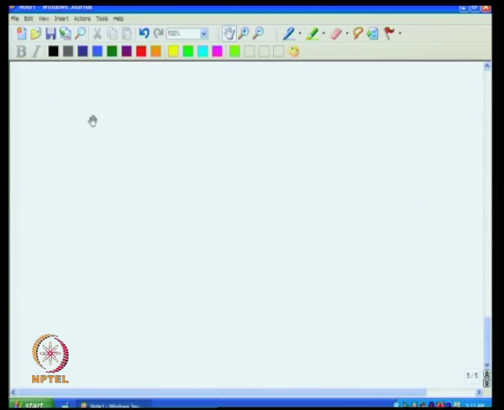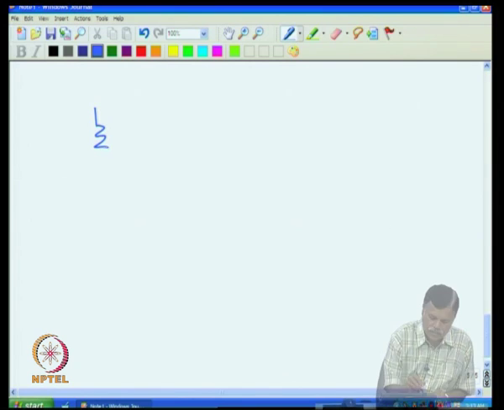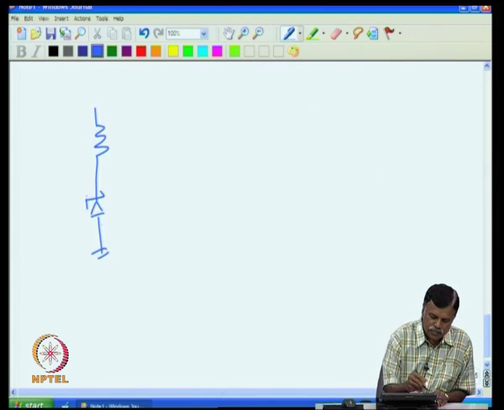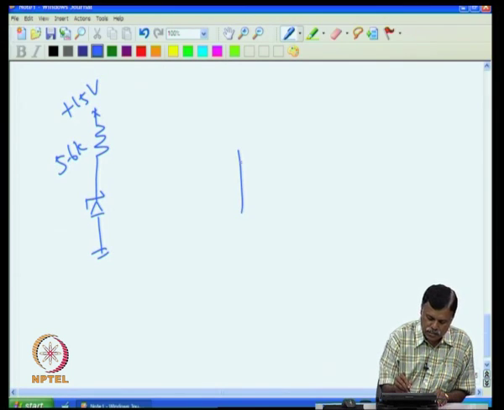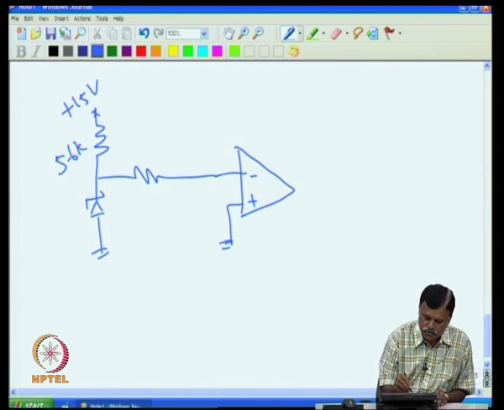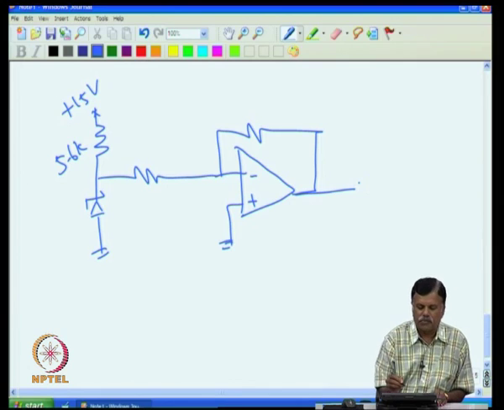So, what I can do is, I will put the sensor, connect this, then I put this 5.6 K, connect this to plus 15 volt, then I take the operational amplifier, this plus grounded, you got minus. This is a simple inverting amplifier.